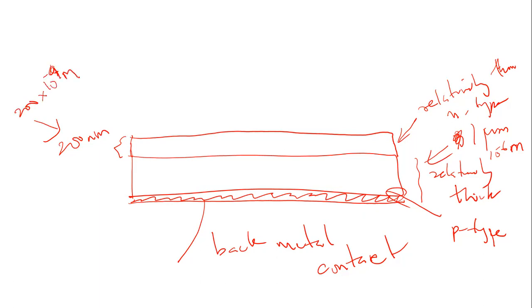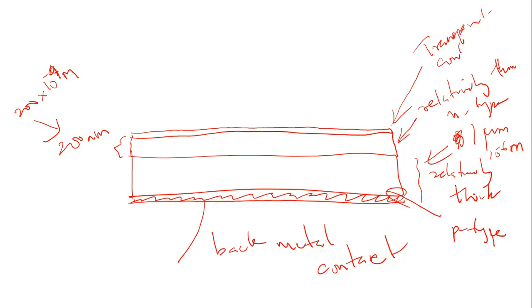Okay, a very thin n-type layer will be used, and on top of this thin n-type layer, there will be another very thin transparent conducting oxide. This is called transparent conducting oxide.